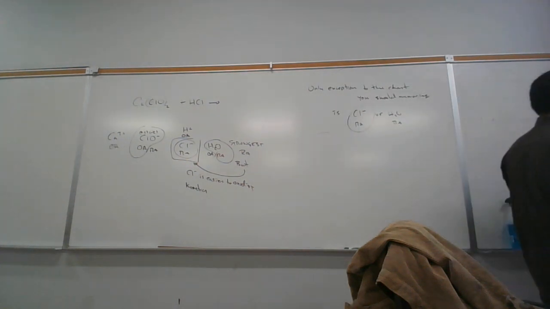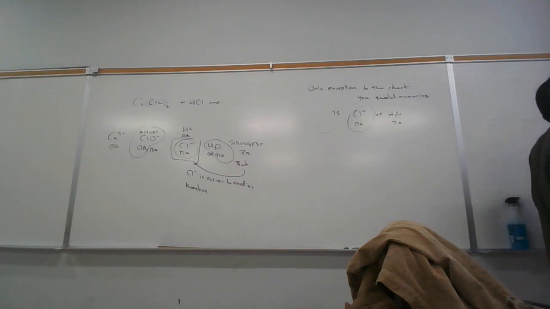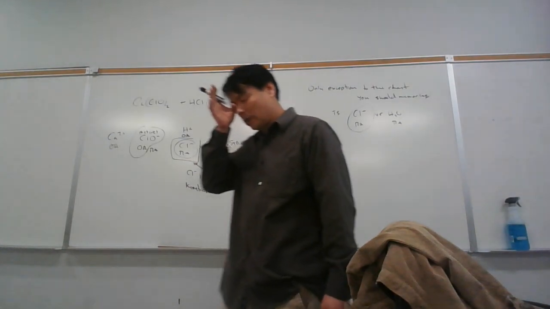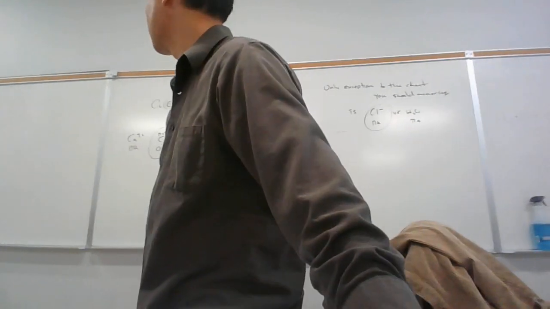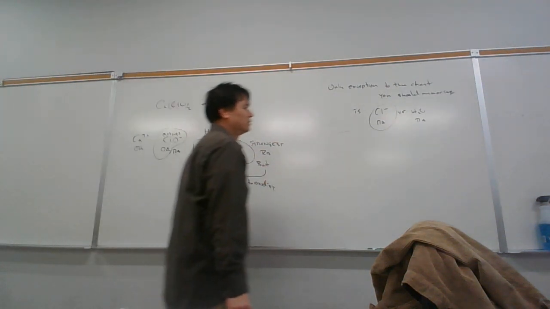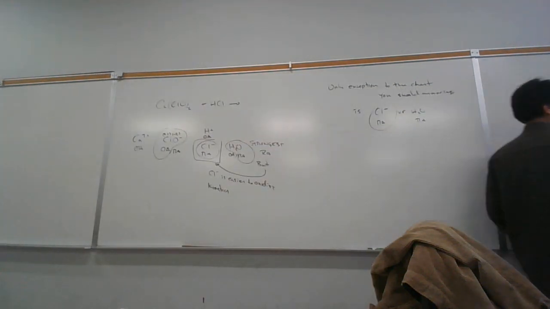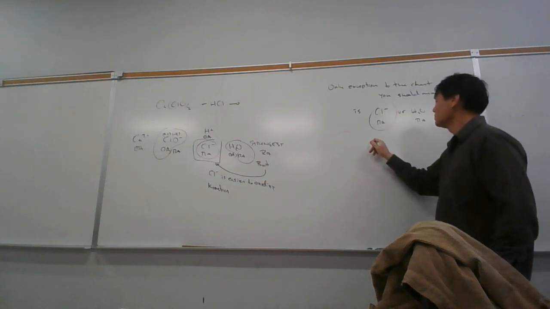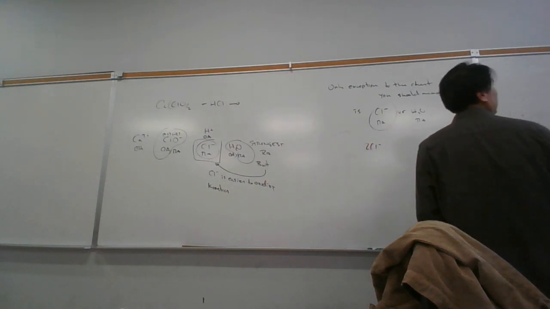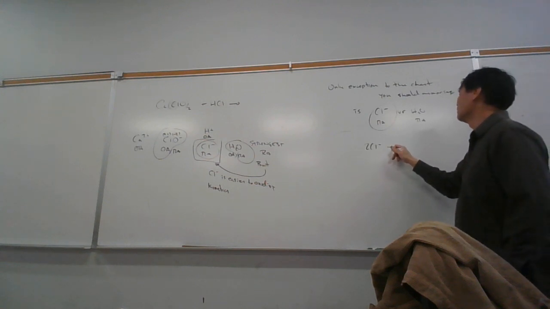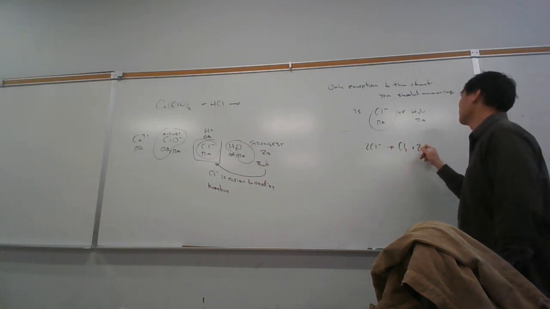Since both of these species occur on the chart, we could just copy the half reactions off the chart. We don't have to generate our own half reactions. Generating our own half reactions is more work. And so here, if chloride is the reactant, then we're going to take two chlorides, which would be at the top there. And then the two chlorides are going to go to a chlorine plus 2 electrons.